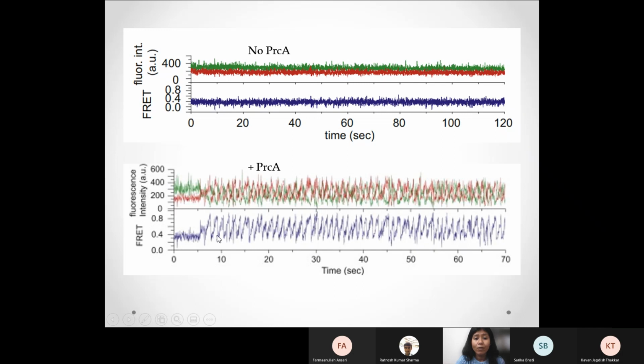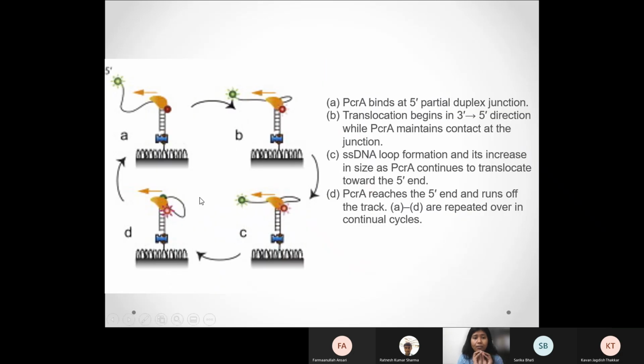So why do I see this periodic oscillation? I would have expected कि ये बढ़ के एक जगह stop कर जाएगा, but ये नहीं हो रहा है, ये बढ़ के फिर से एकदम से fall कर रहा है. The reason is that PCRA, if you just take the protein out of the cell and try to look at its helicase activity, it does not have a high processivity.